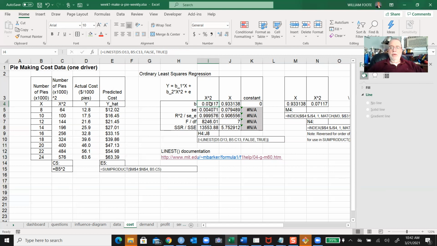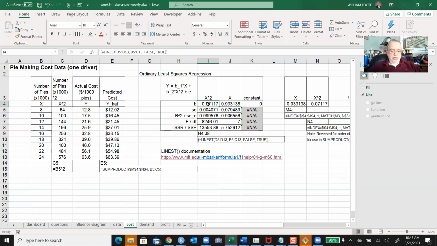And you can go here to Barker's formulas at MIT and look at how to specify LINEST. It's extremely helpful. But now you also see these curly brackets around this. You can't type those in. That's something supplied by Excel. So the formula is technically located here at I4, but it spreads.